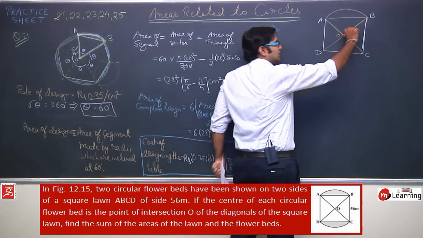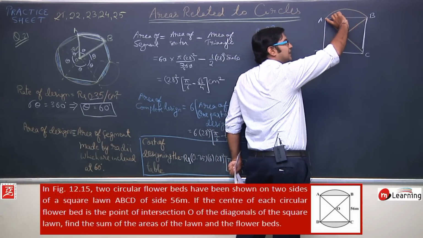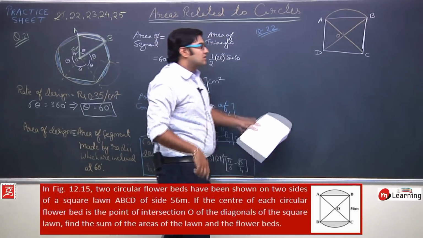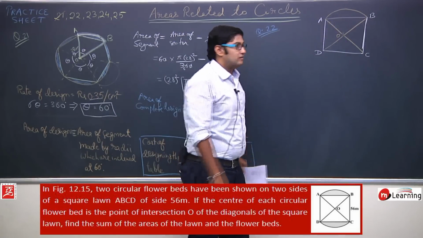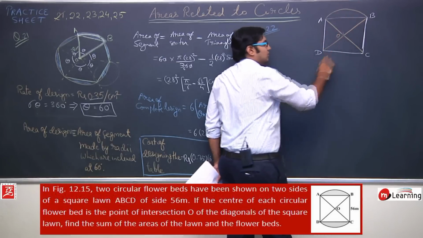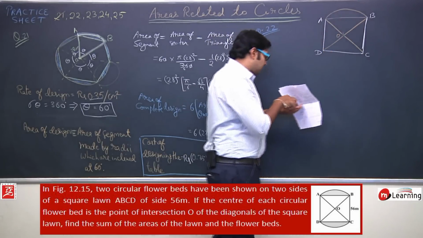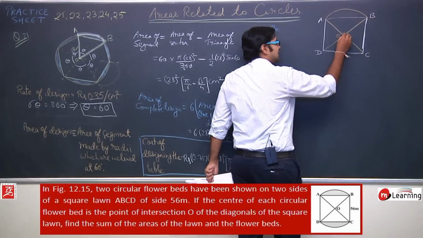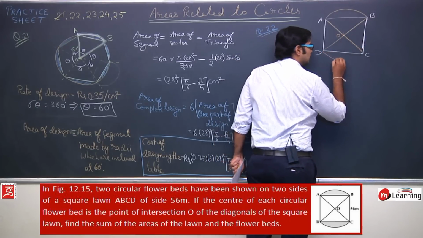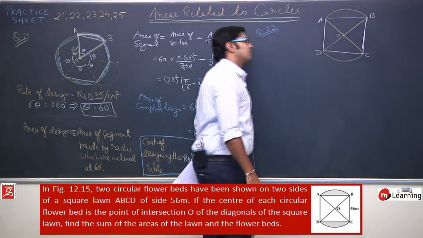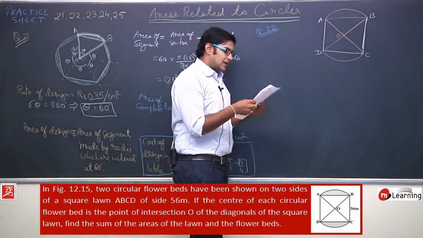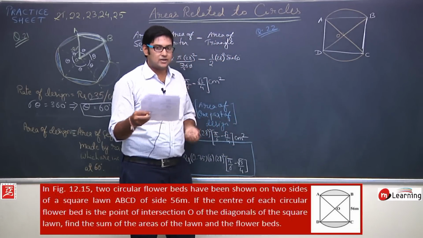I have put my compass here and the pencil here and drawn an arc like this. So this is a circular flower bed on which I will plant flowers, and this is my lawn. Similarly, I have drawn one more arc using O as the center and OD or OC as the radius. Now my task is to determine the areas of the lawn and the flower beds.